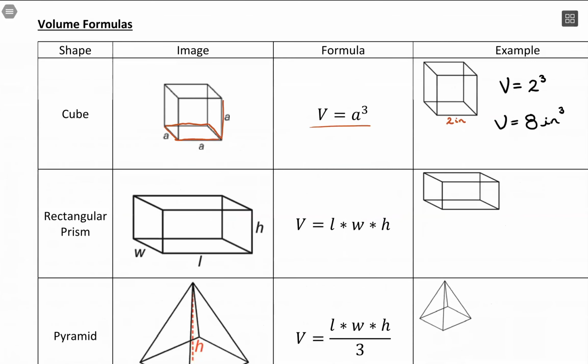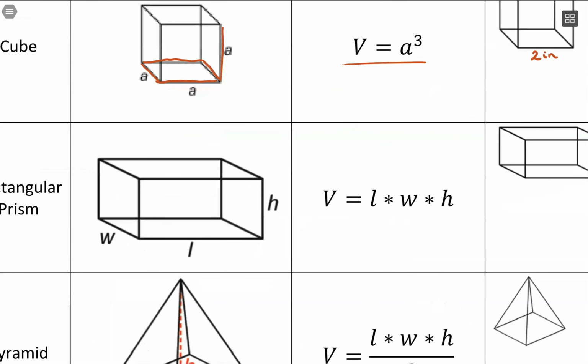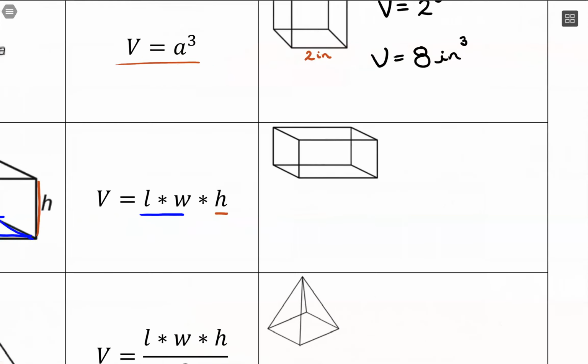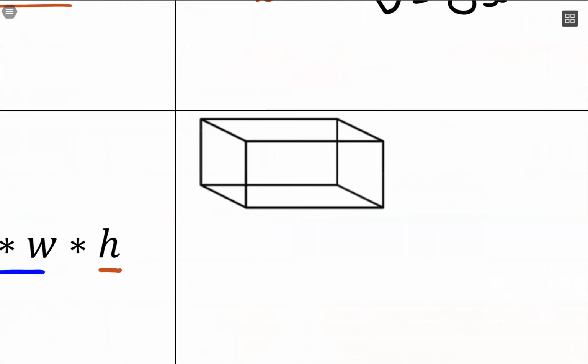Rectangular prism, which we did on the other page there, that idea that the base would be this width times length, and then we need to multiply by height. So we have this base times height here. So let's say we had a rectangle here.